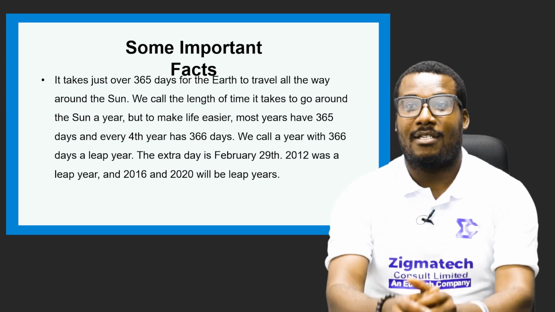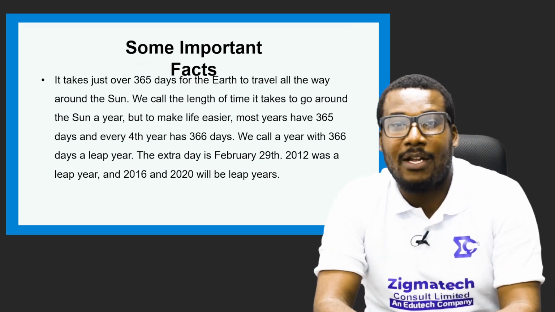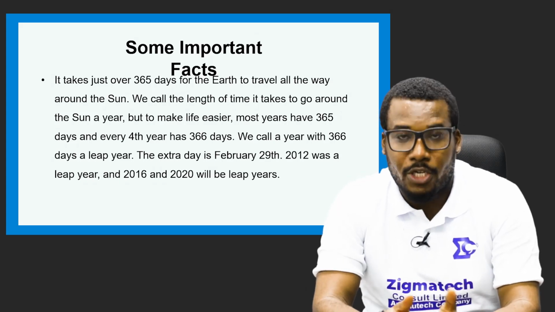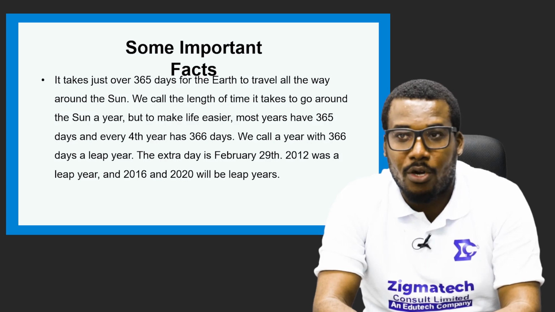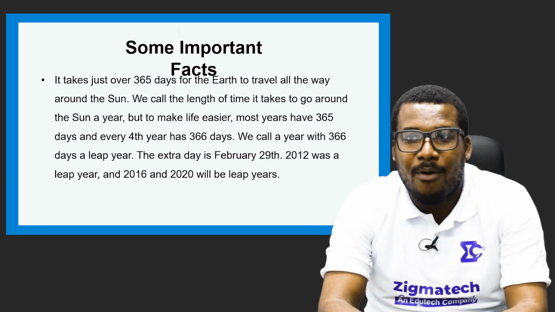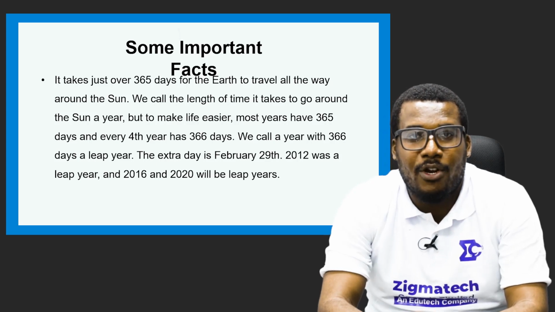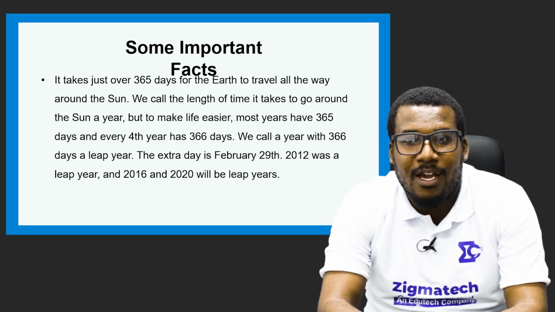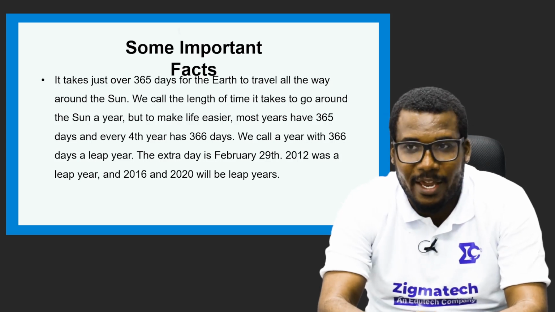Now, some other facts about the Earth. It takes just about 365 days, this we know very well, for the Earth to travel around the sun, hence making it 1 year. But to make life easier, most years have 365 days, and every fourth year has 366 days.